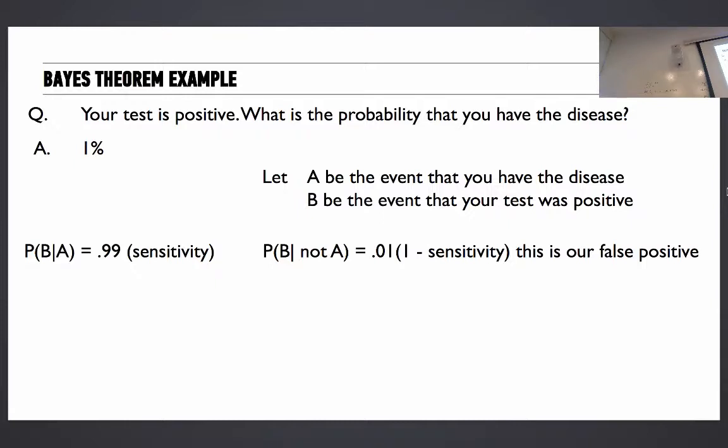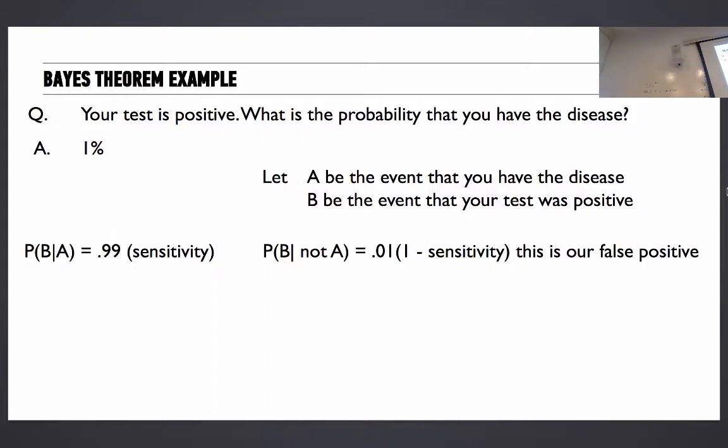That's the catch. Sensitivity is when your result is positive, how often is the test right? Which is the same thing as saying the probability of the test being positive, B, given that you have it, is 99% chance. This is your sensitivity, folks.